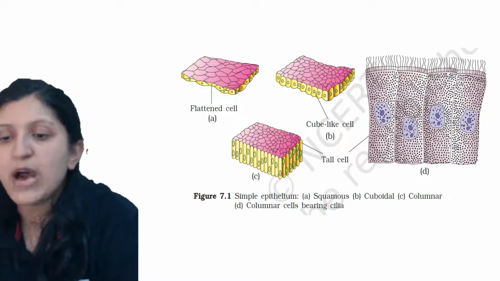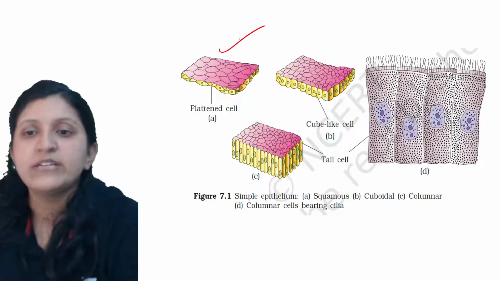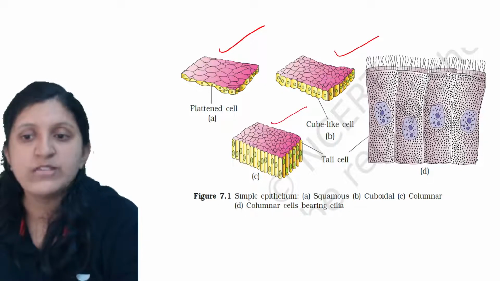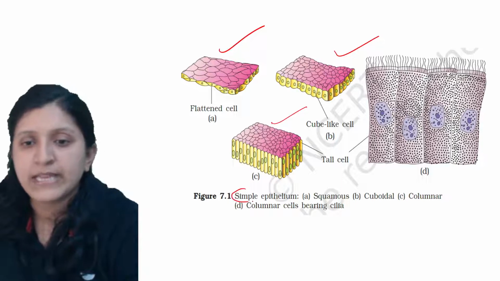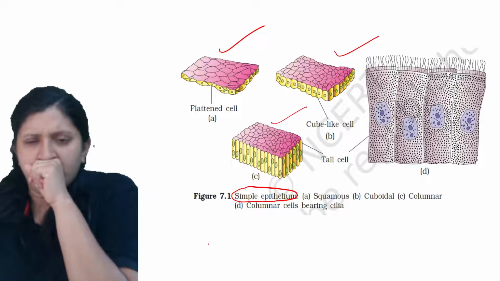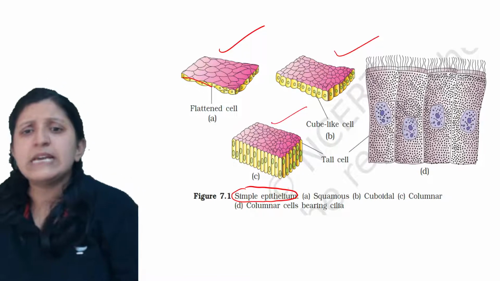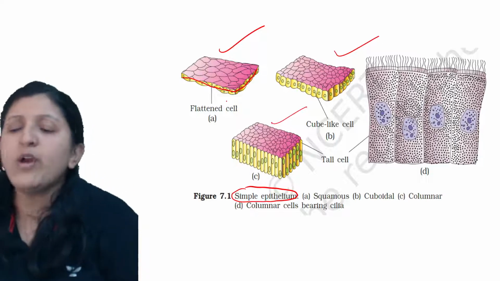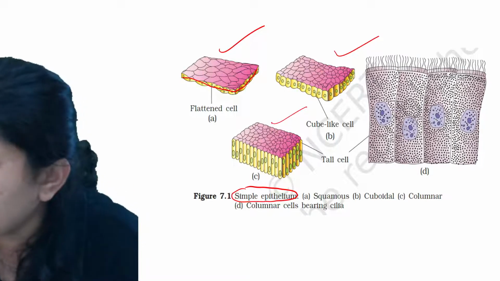This is about the flattened cell. This is a cube-like cell. This is a column-like cell. All these are simple epithelium, because you can find just a single layer of cells, and hence we call this a simple epithelium.